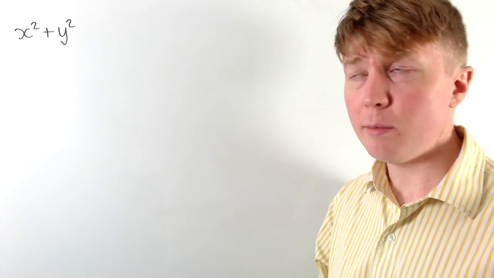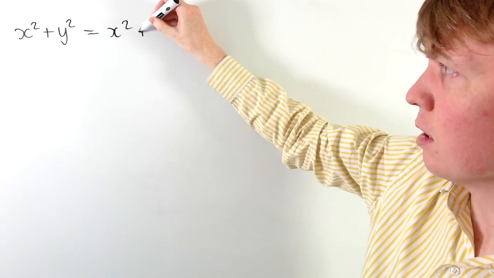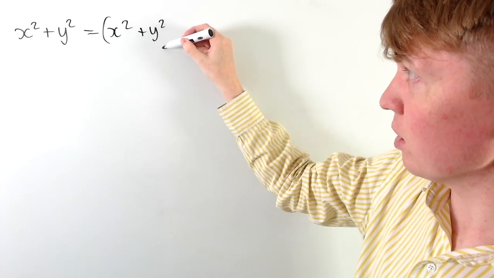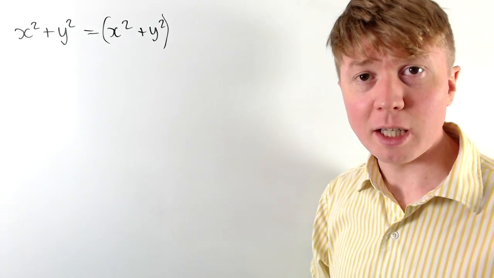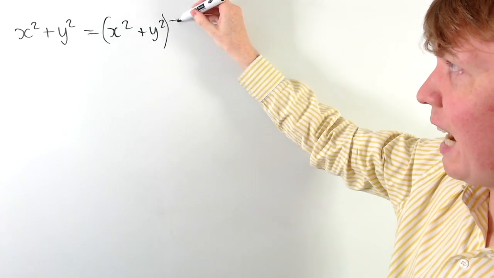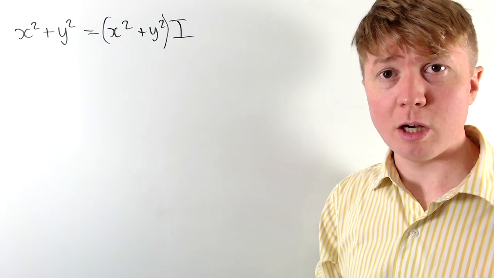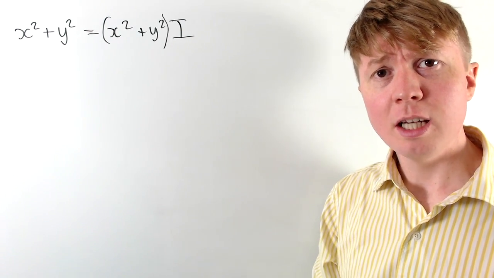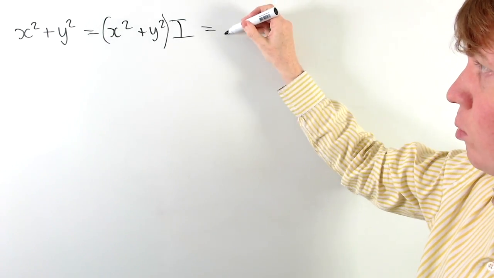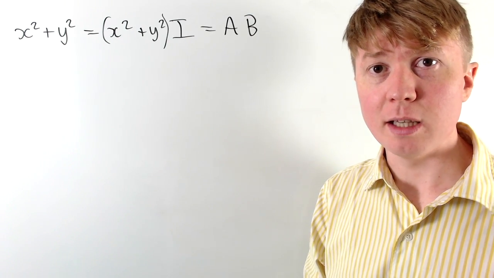And here there's a conceptual leap we need to take, which is to reimagine our x squared plus y squared. Instead of being x squared plus y squared, you can perhaps imagine this in brackets being multiplied by an invisible 1. We're going to imagine this being multiplied by an invisible identity matrix. So instead of working with x squared plus y squared, we'll actually work with x squared plus y squared times an identity matrix, and we want to factorise this into the product of two matrices A and B like this.